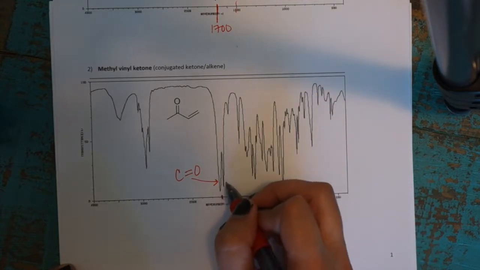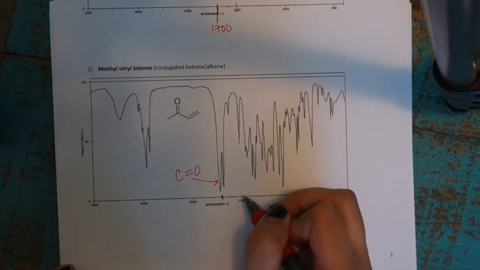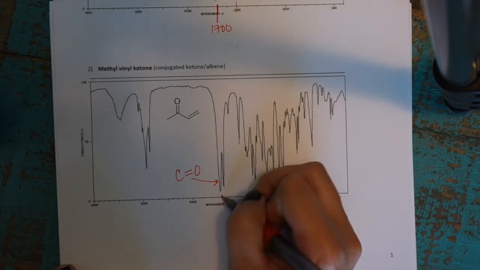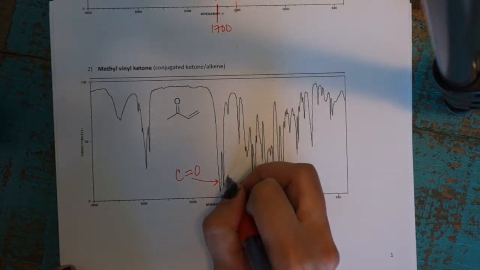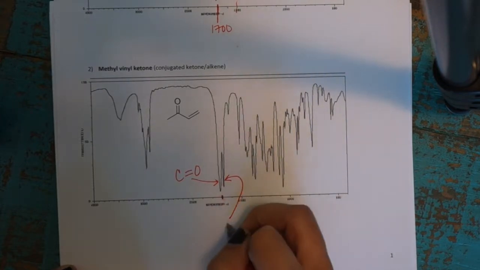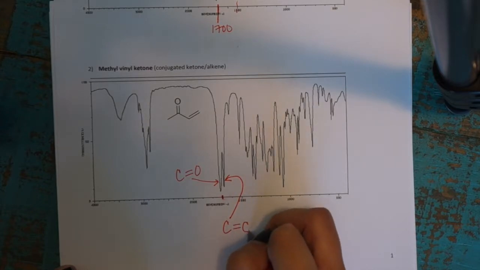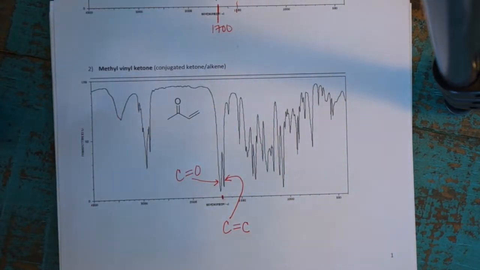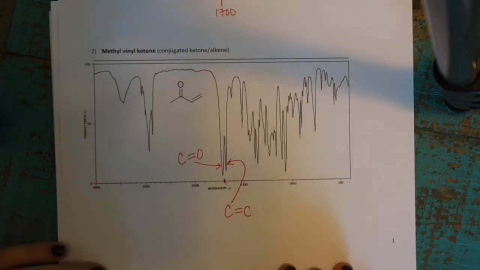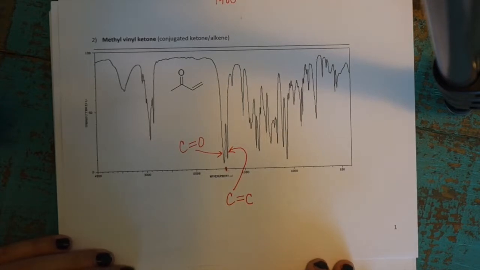But then we also see a second sharp peak here. It's not quite at 1700, it's a little bit below. And so that's going to be the CC double bond. Right, it's a little bit longer than the CO bond, and it's showing up a little bit farther to the right.